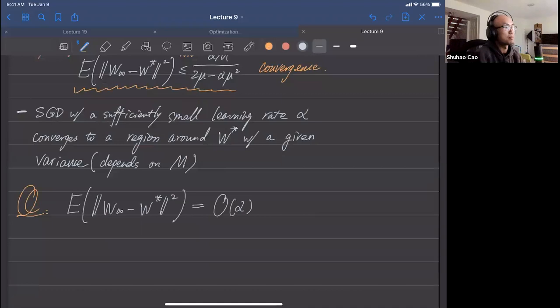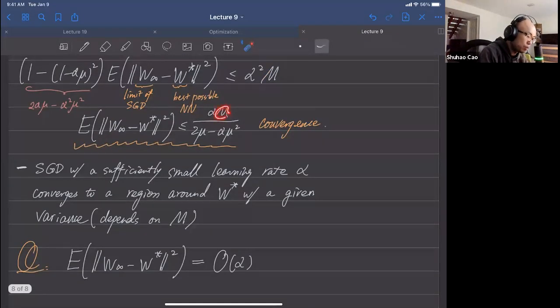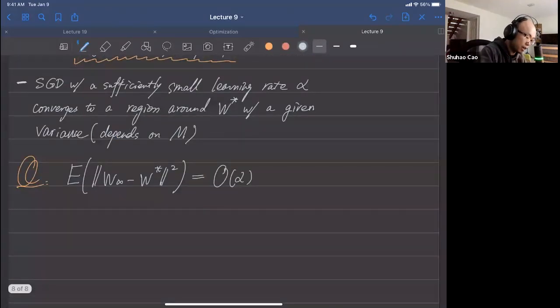So it's of order alpha, right? We assume this m is a fixed number. Then when we choose alpha small enough, this term's influence is negligible. Essentially, we have a big O of alpha, and it converges to 0 as alpha goes to 0, right?